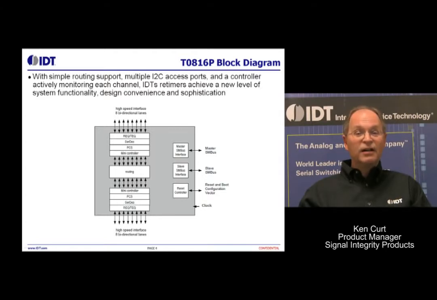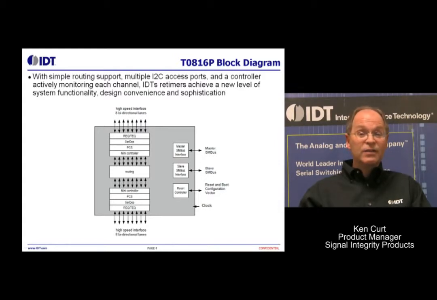Each channel of this device has its own microcontroller for coordinating various initialization and power management functions in real time within this device. As we go below the microcontroller, you'll see a routing function that supports simple routing such as lane reversal, polarity swapping, and other simple things like that. It's not a packet switch, of course.